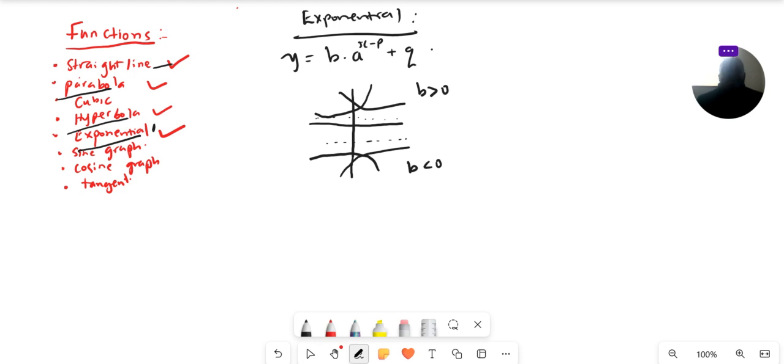Sometimes with a line, we just need to know the equation of a line, which is mx plus c, where m is the gradient, and to get that gradient, it's just the change in y over change in x. That is something that you need to know about a straight line.